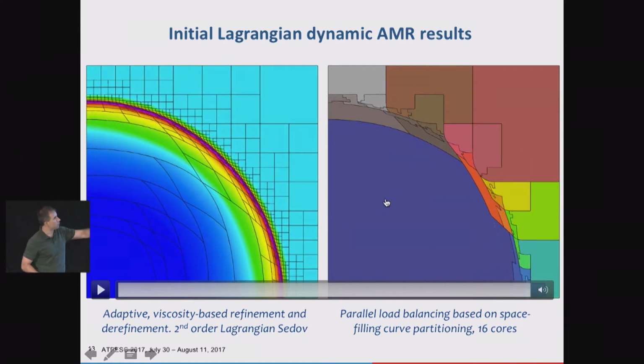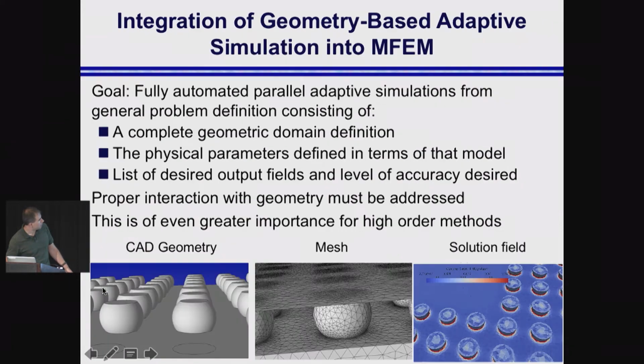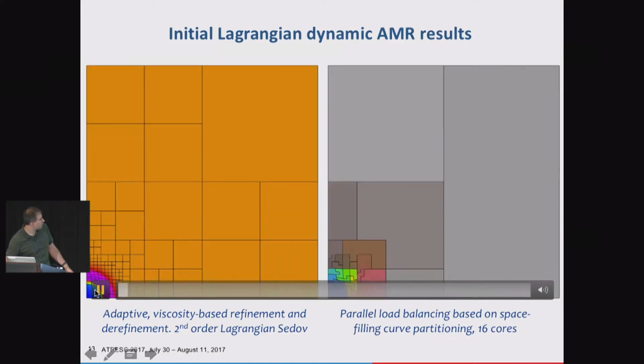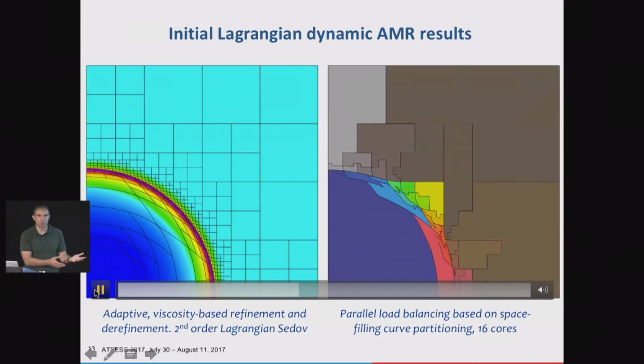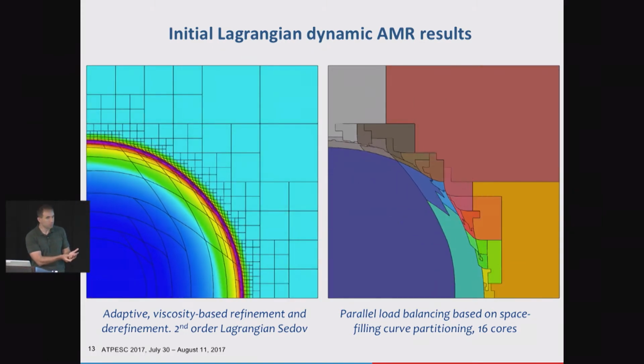I think this was run on 16 processors. So you will see some domains look very small, but in fact, they encode a lot of elements. And these domains are dynamically rebalanced as the computation is going on.